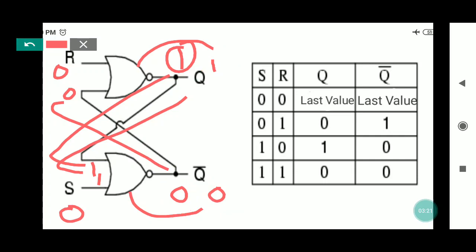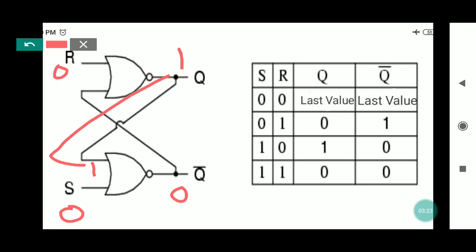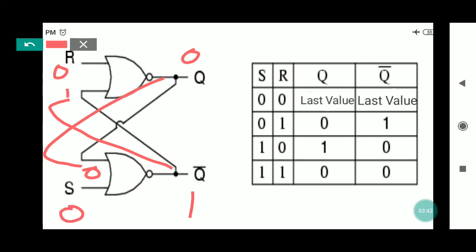Now taking another condition of the same case, let's consider that Q is 0. Now this Q comes here, it will give 1 because both the inputs are 0, 0, and this 1 comes here, and again 0 and 1 are the inputs, so again it will give 0 at the output side.